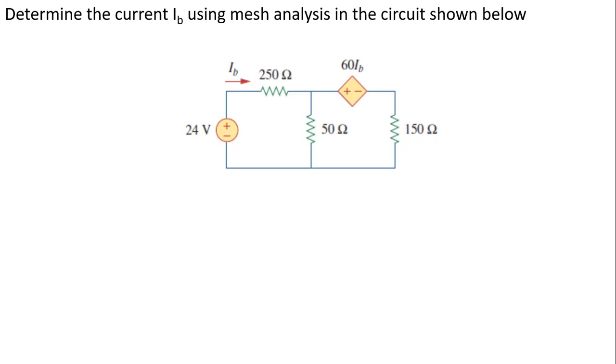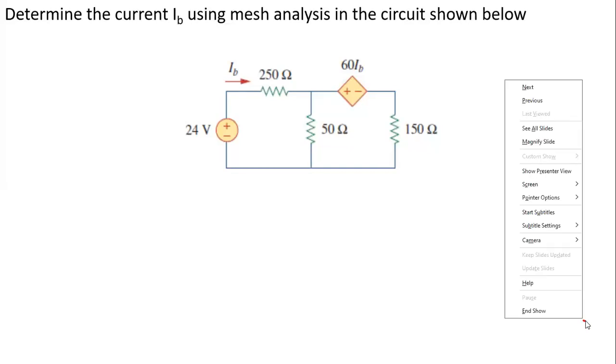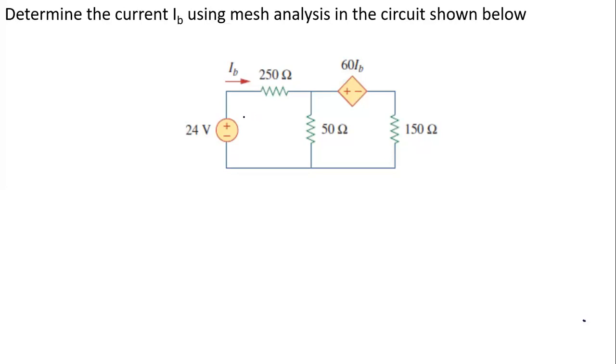To overcome this, we need to express the dependency parameter in terms of known circuit parameters. For example, let us assume the mesh currents are I1 and I2.